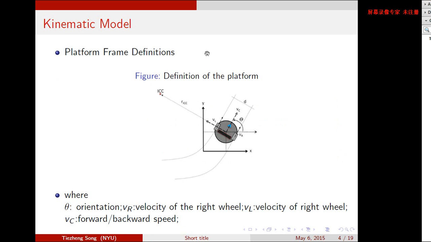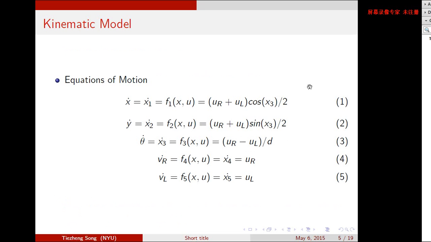From this picture, the dynamic equations of the system can be written as follows. x1, x2 gives the position of the machine in the two-dimensional space, and x3 is the orientation. x4 and x5 are the speeds of the wheels.